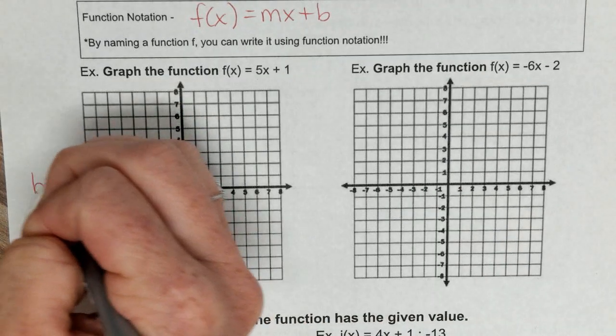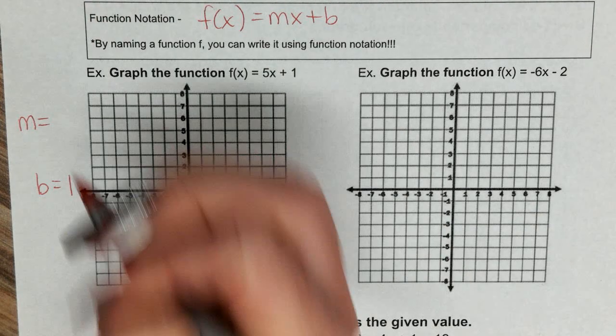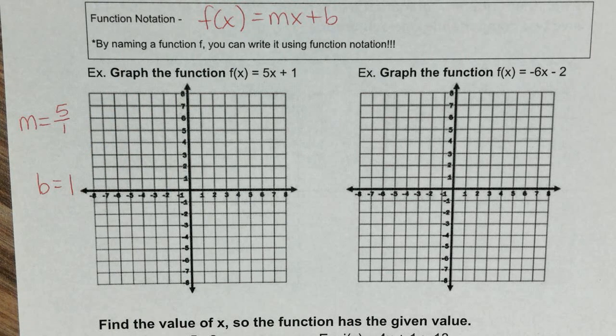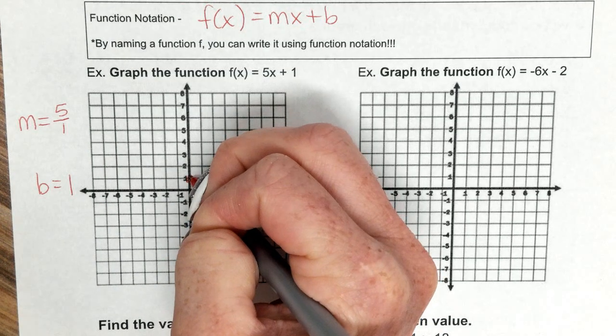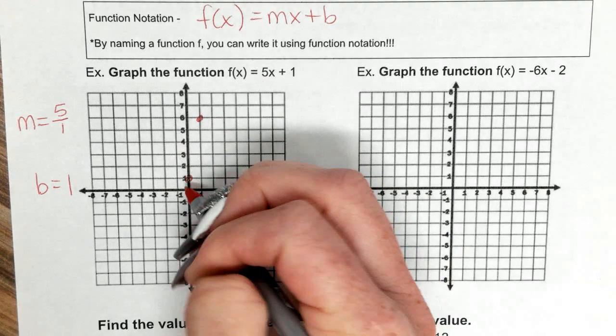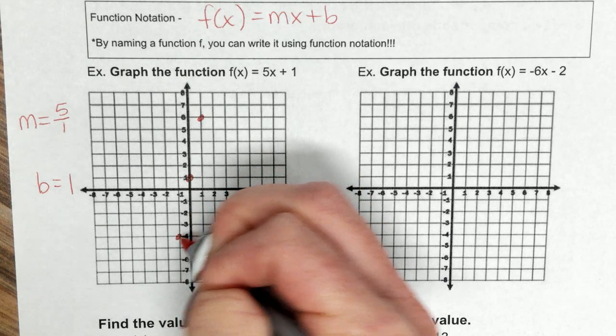So what is the intercept? What is the rise over run? 5 over 1. So I'm going to go to the y-intercept of 1, and I'm going to go up 5, right 1, or down 5, left 1.